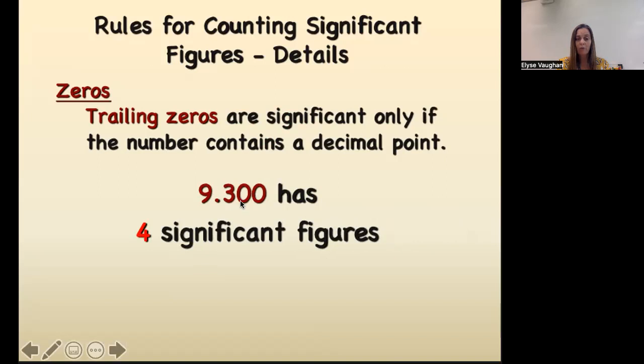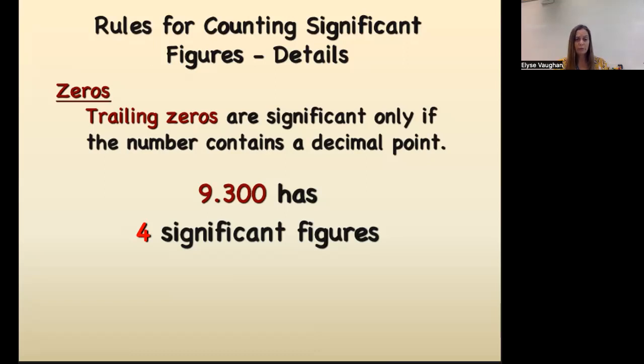We could also talk about this zero in the hundredths place as being a captive zero because it has significant figures on either side of it. If I were to give you this number, you would know that the instrument I used is graduated to the hundredths place and I estimated the thousandths place.